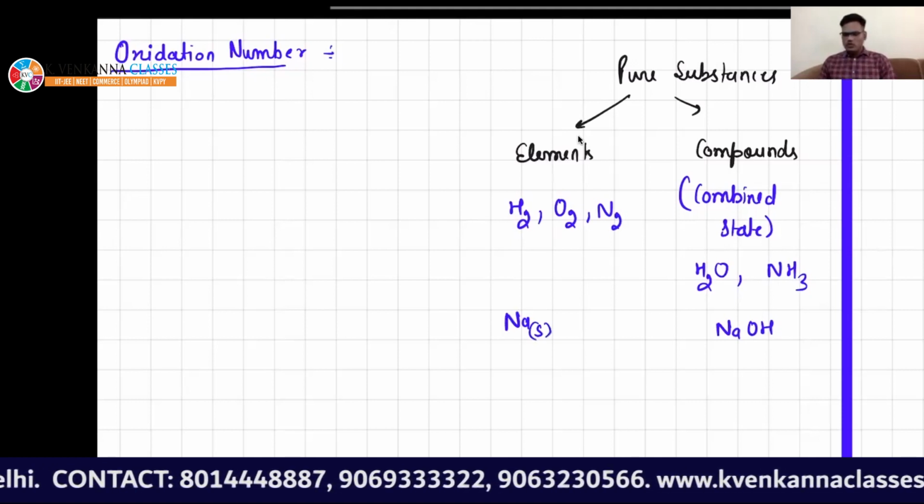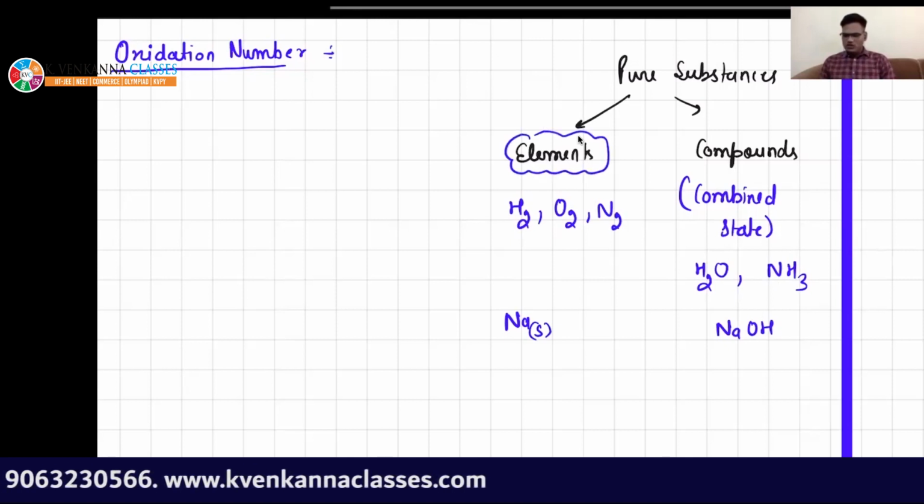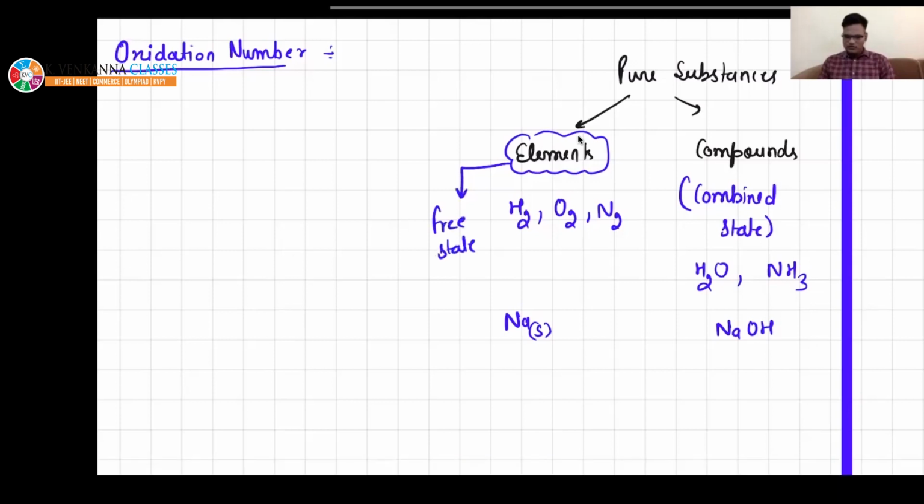There are two terms which I am going to use frequently. One is, whenever it is talked about an element, sometimes I will write free state. If free state is written somewhere, it means the state of the element which is available naturally, or the combination of atoms of the same element present naturally.